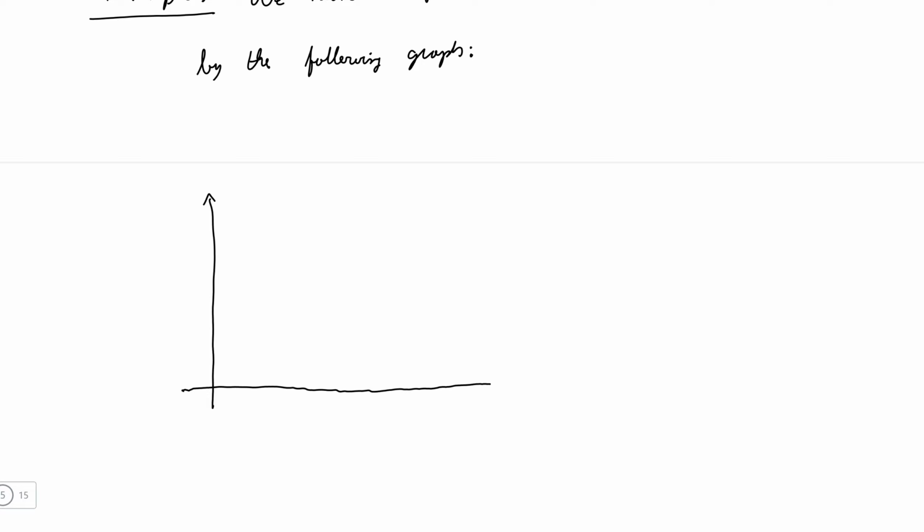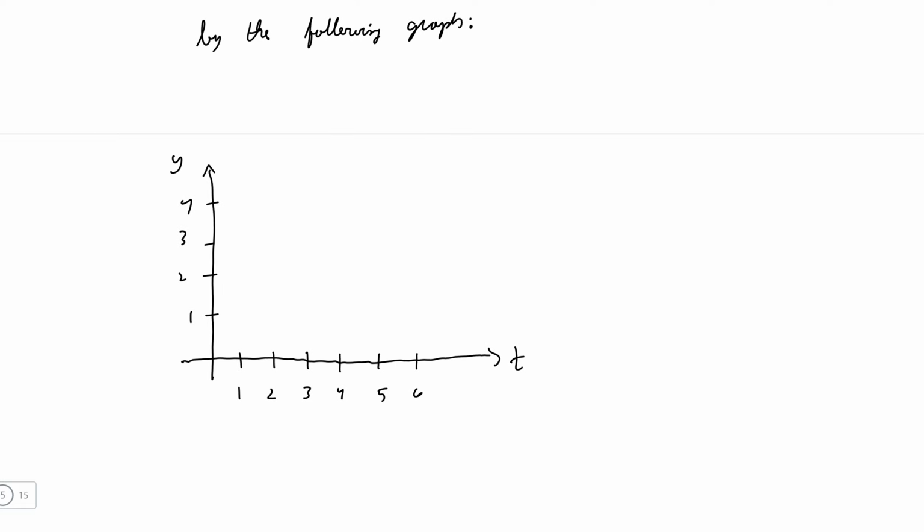It's t here and y here, and let's tick off some values: 1, 2, 3, 4, 5, 6, and 1, 2, 3, 4 going up. Now let's make a graph. We'll start here at 1, go up until we hit about 4, and then turn around like this. Okay, so that's what our picture looks like.